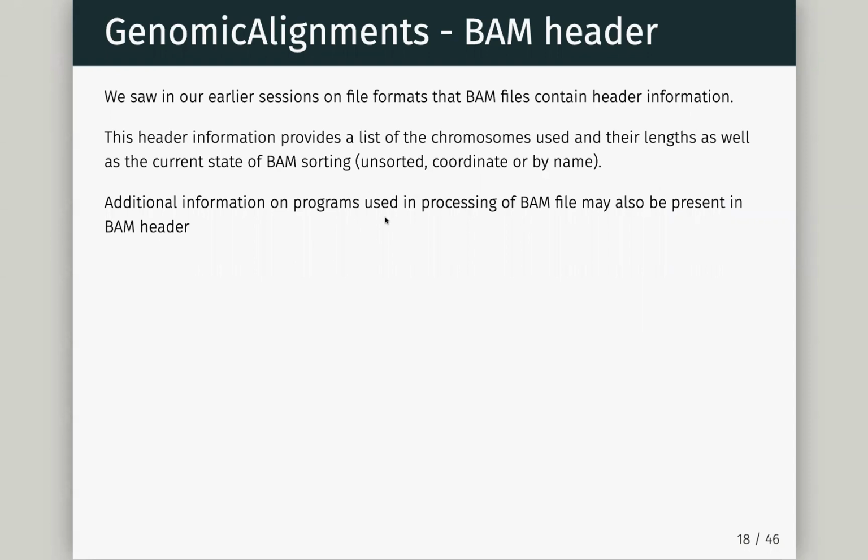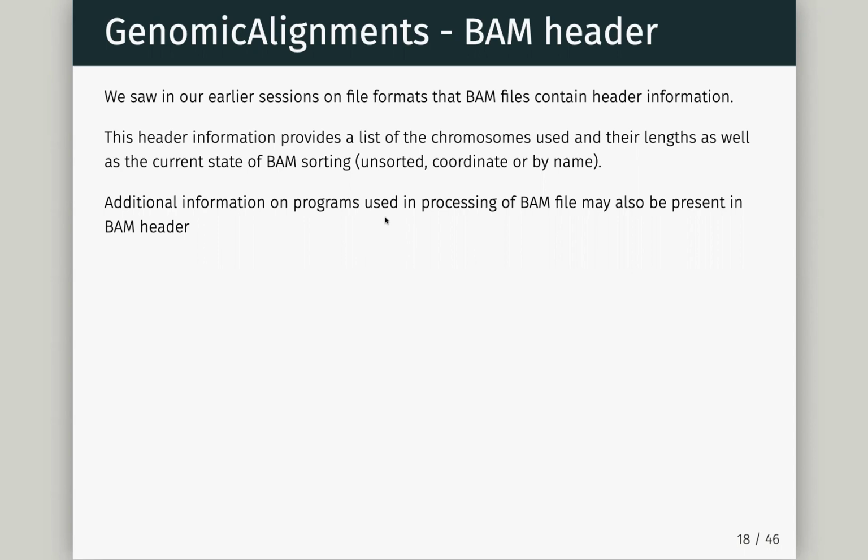So we saw earlier on, I think I've already described this a bit, that BAM files contain header information, and this header information contains a list of chromosomes used and their length, as well as the current state of the BAM sorting. So is it unsorted, sorted by coordinate, or by query name? Really usefully, additional information on the programs used in the processing of this BAM file is also present in the BAM header.